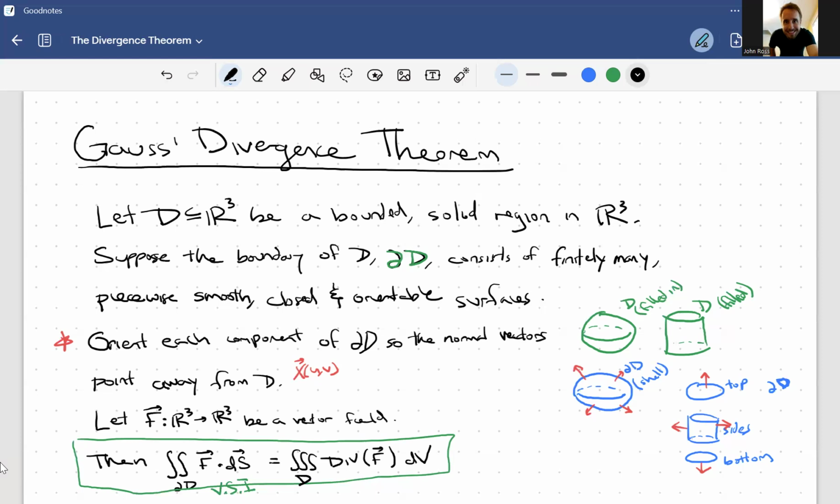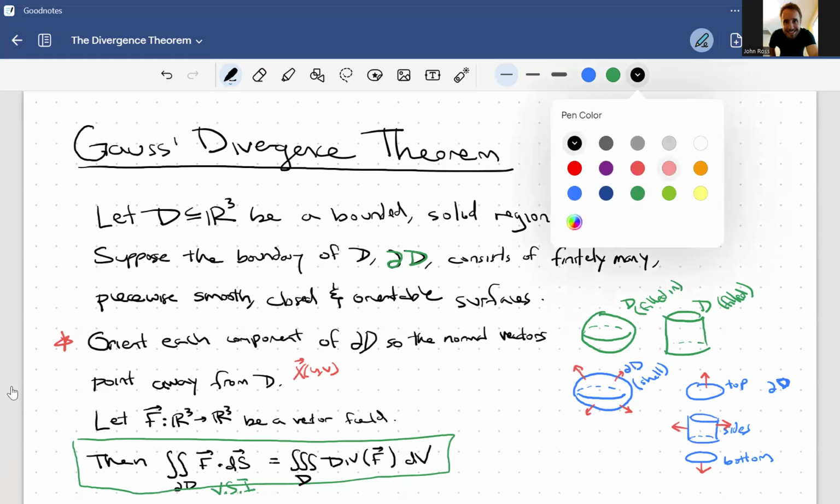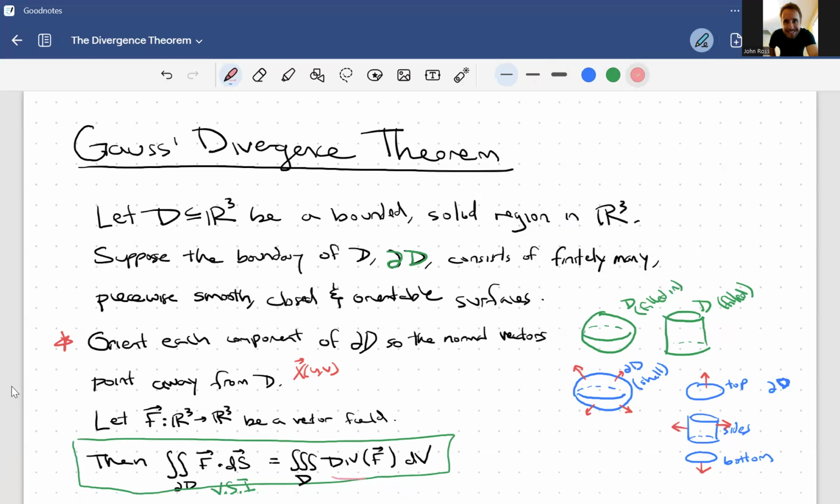And what we're integrating is the divergence of F. And as a reminder, divergence of F was equal to nabla dotted with F. So this was our del operator dotted with the vector field F. And that is the statement of the divergence theorem. If we orient a closed, bounded, solid three-dimensional region and its boundary appropriately, we can set up these two integrals and they will actually give us the same thing.